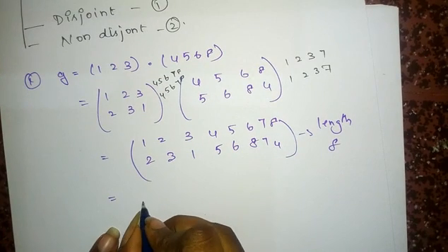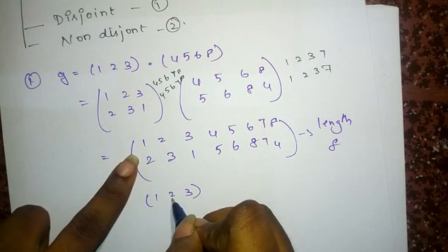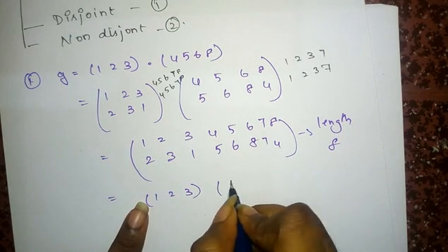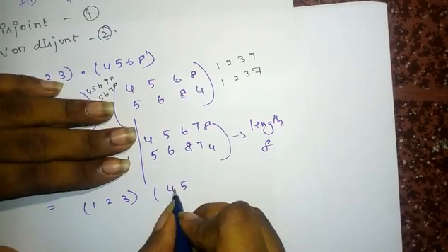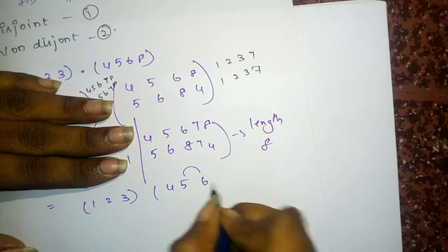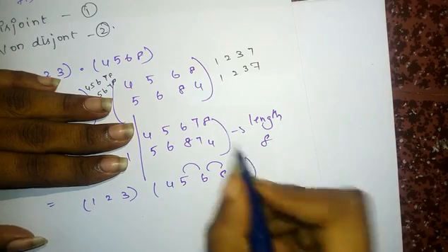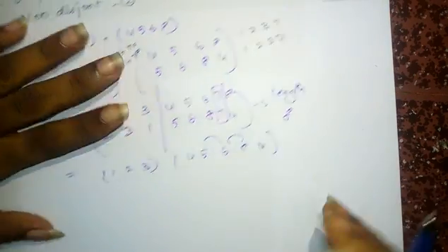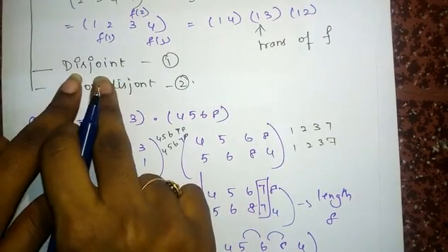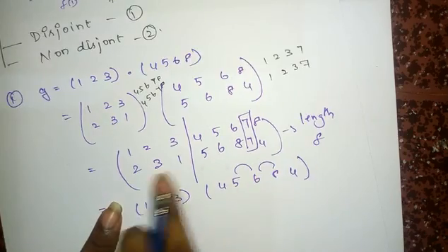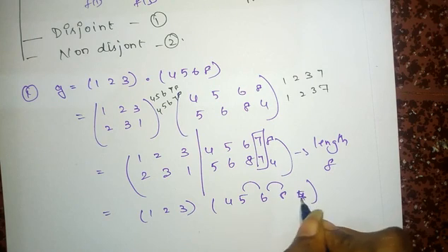So if you write the short form for this: 1, 2, 3, where 1 is mapped to 2, 2 is mapped to 3, 3 is again mapped to 1. Then 4, 5, and I separate this because this one is over. 4 is mapped to 5, 5 is mapped to 6, 6 is mapped to 8 and 8 is mapped to 4, and 7 is identity here. So when you multiply disjoint permutations, you get the same permutation.